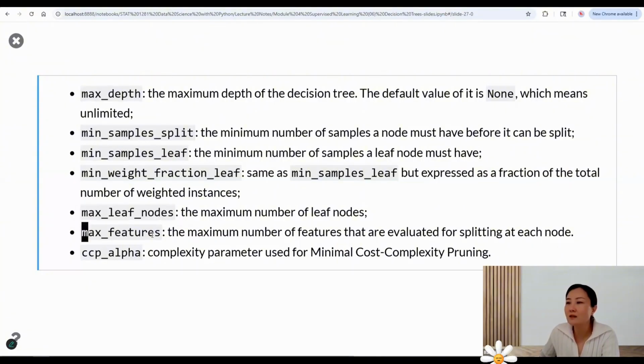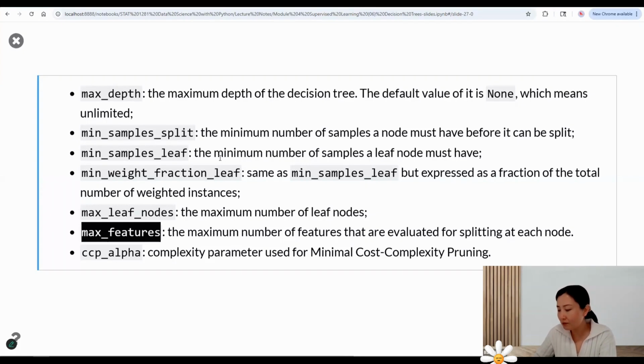And next one is max features. So this is the maximum number of features that are evaluated for splitting at each node. So this is an effective hyperparameter that can be used to control the overfitting of a tree.